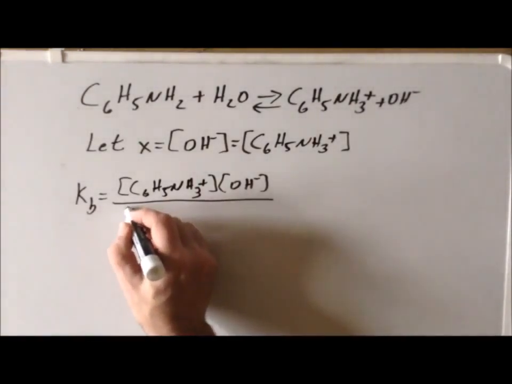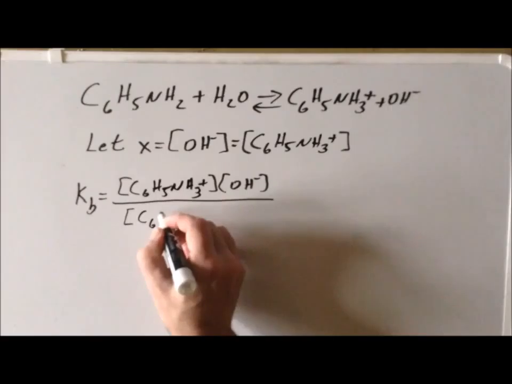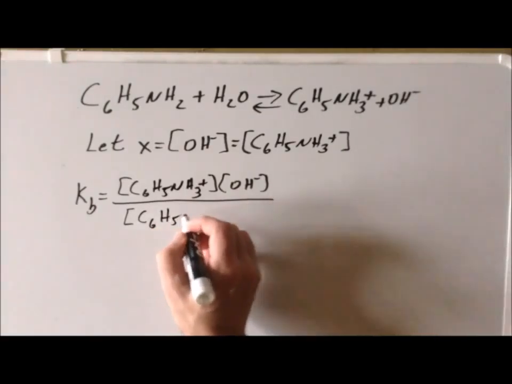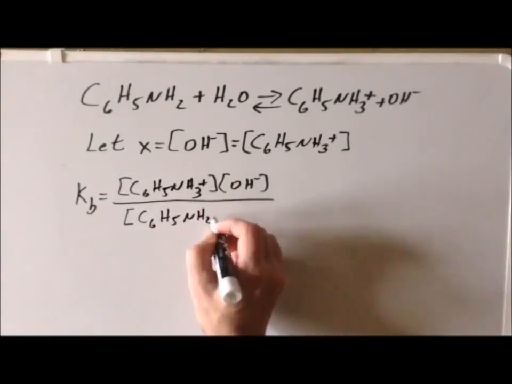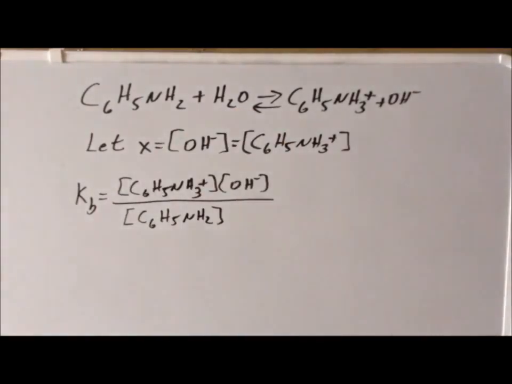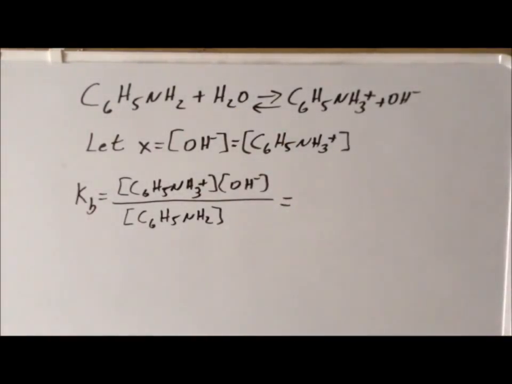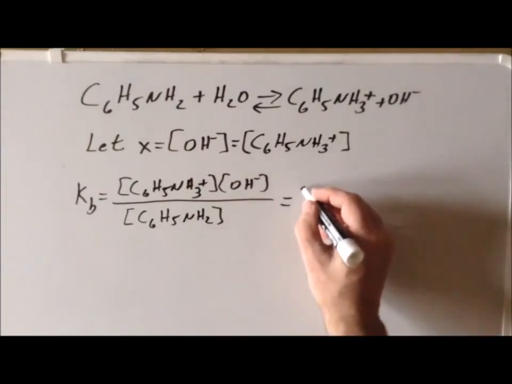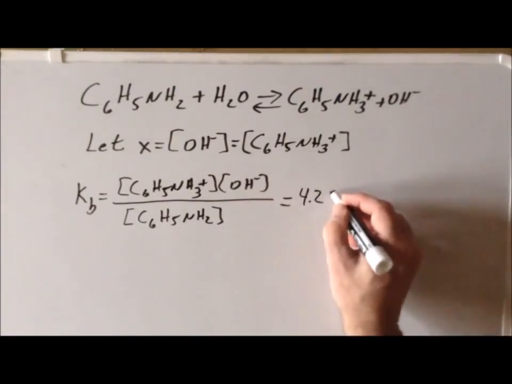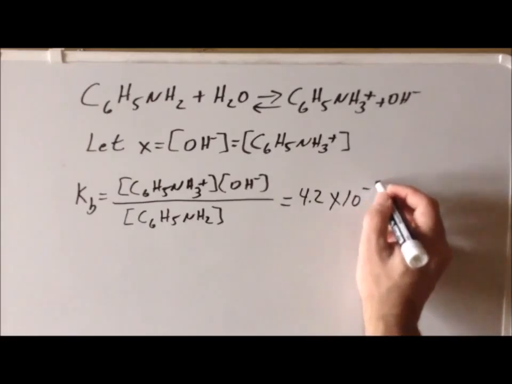So we need to put the aniline in the denominator, but we do not put the water. And we know that this particular value is going to be equal to 4.2 times 10 to the minus 10.